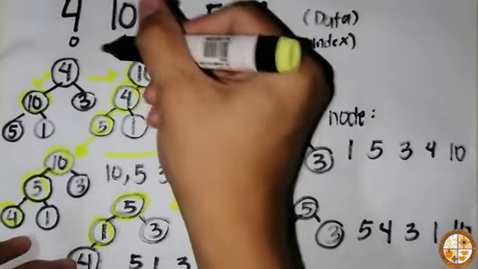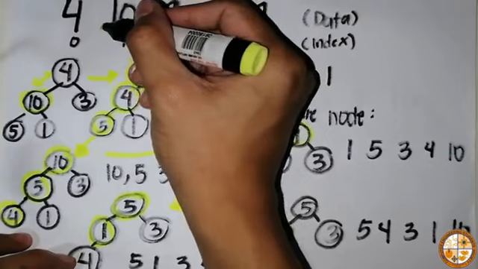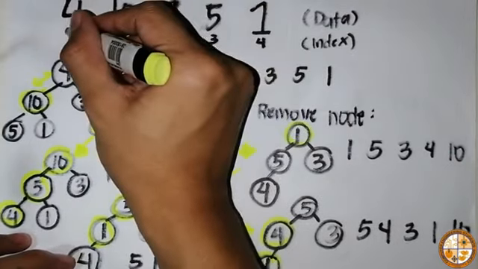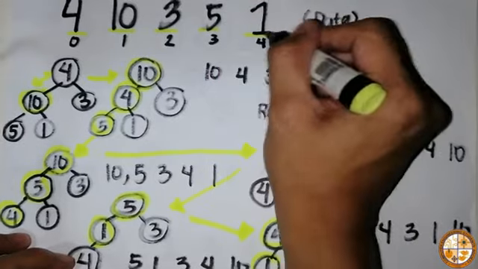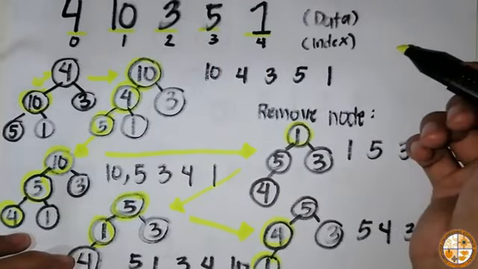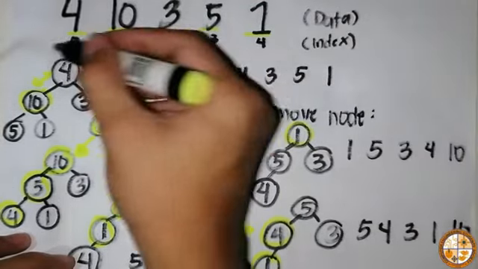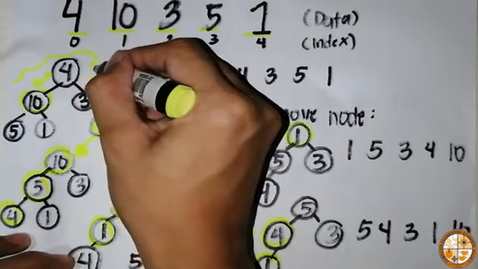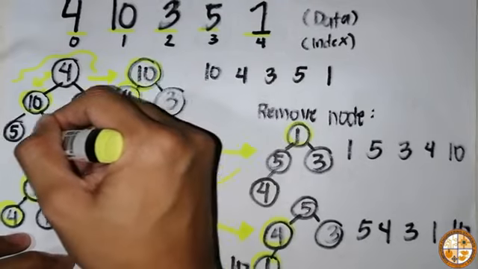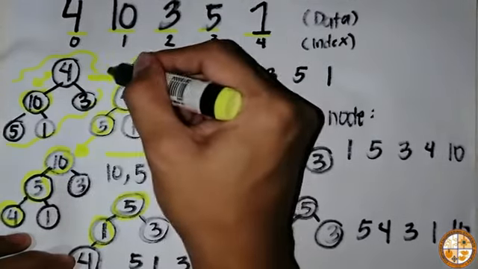Consider this an unsorted array for the example of heap sort. 4, 10, 3, 5, 1. Then build a heap. And now that we have built a heap, we need to transform it into a max heap. Create a max heap.